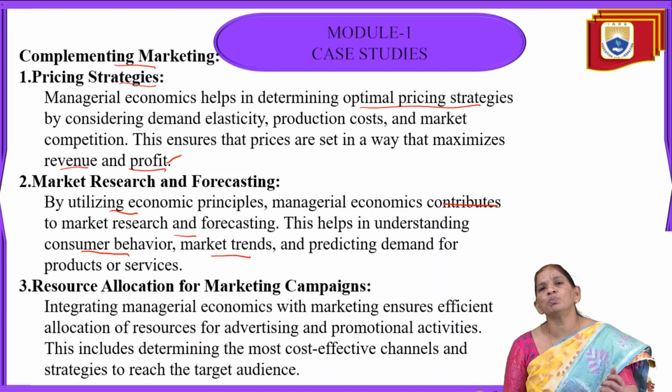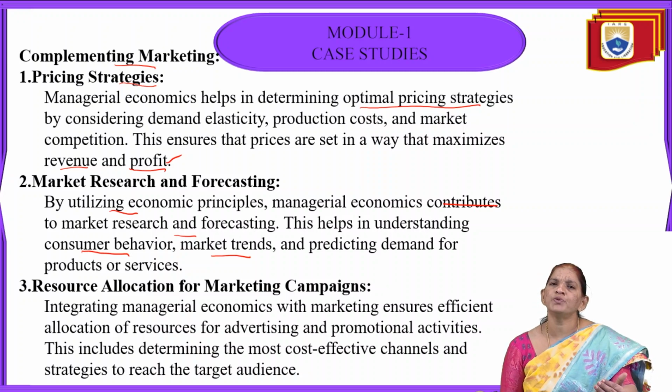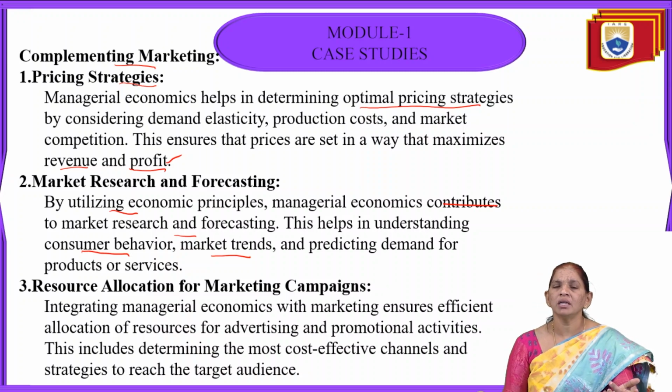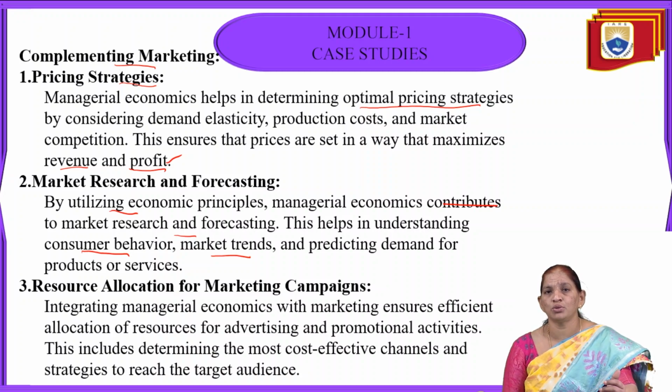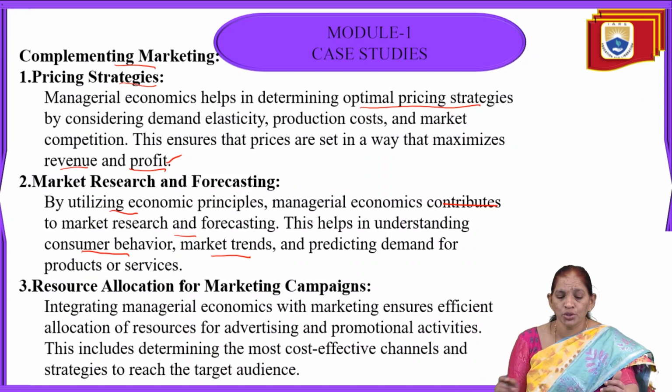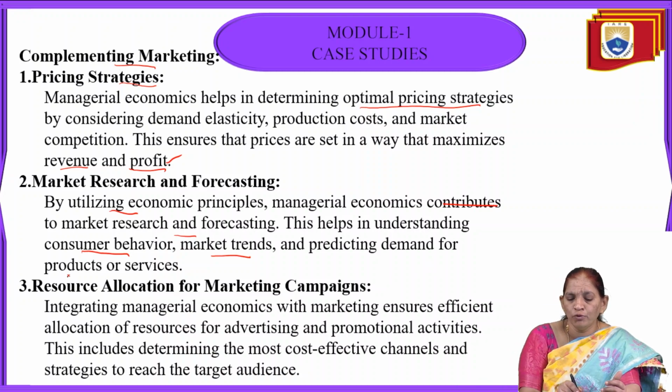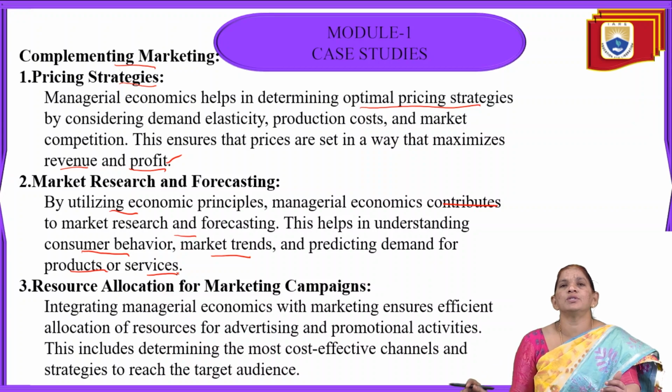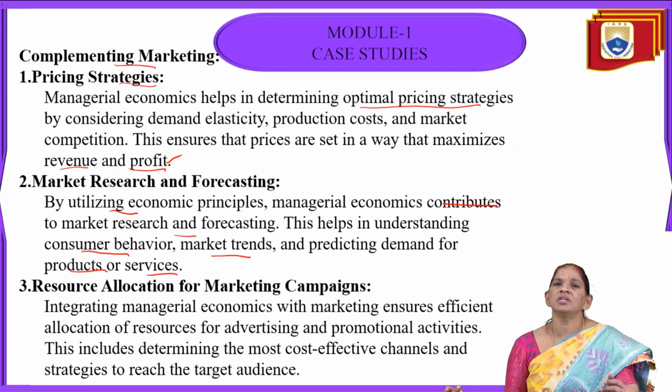So maybe based upon consumer taste and preferences, the market trend is changing or new types of fashion have evolved in the market, changing the marketing trends. So we should predict them and forecast the demand, such that it will be helpful for the products and services to be forecasted and the best production to be done.